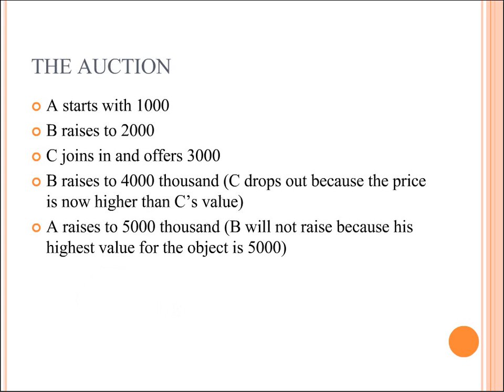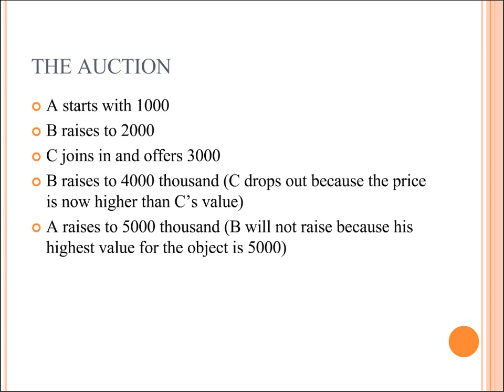So let's imagine the previous example, and in the auction we will start from the bottom up. A starts with 1,000, so this could be $1,000. B will raise to 2,000. At this point C will join, and he will offer 3,000. B will raise to 4,000, and remember, C's valuation was 3,000, so at this moment C will drop out and will bid no longer.